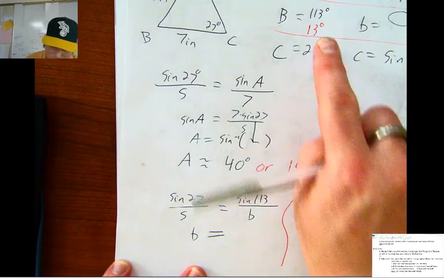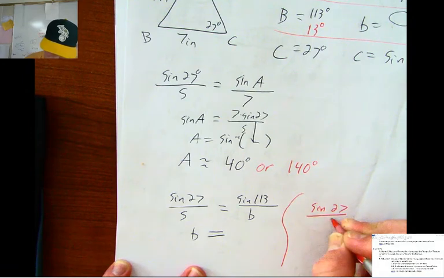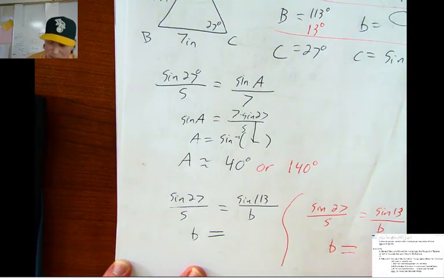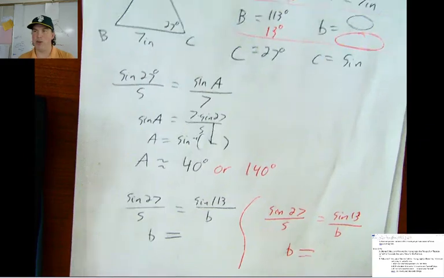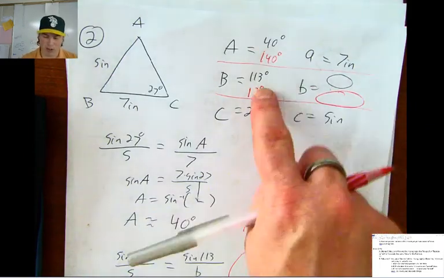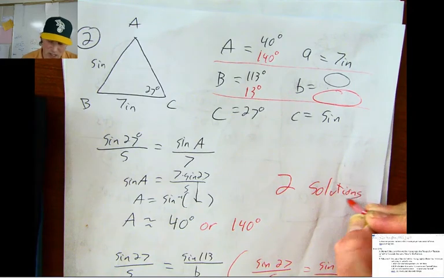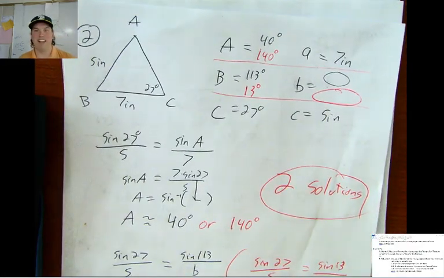And then the second one, sine 27 over 5 equals sine 13 over B, and that's going to give me a completely different answer. So in a situation like this, because all the angles fit, this one has two solutions, and you need to find both solutions. Amazing. I love these problems.